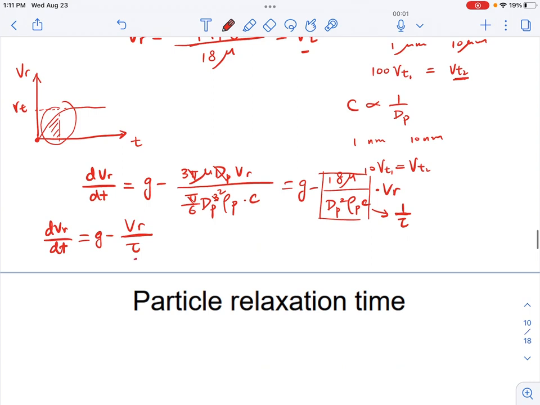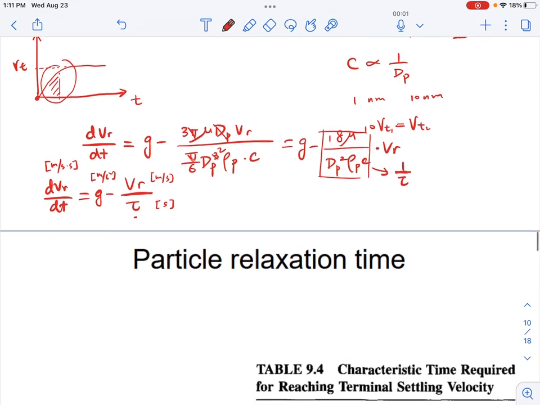Okay, so the reason why we define this as tau is also for unit conservation, right? So the unit here is meter per second divided by second, and then we know the acceleration is meter per second squared. And here, since you have meter per second in the numerator, in the denominator you should have a unit of second, okay?